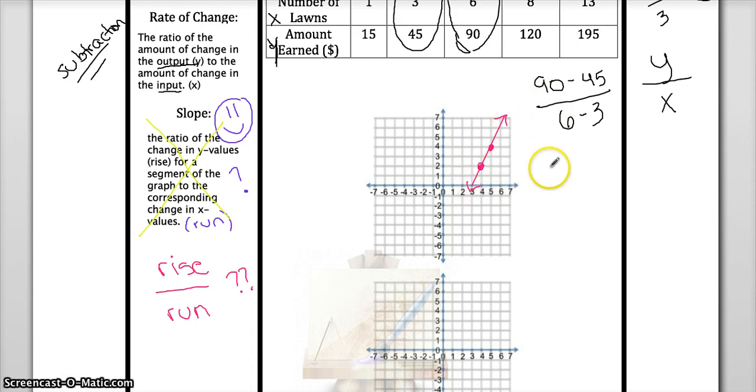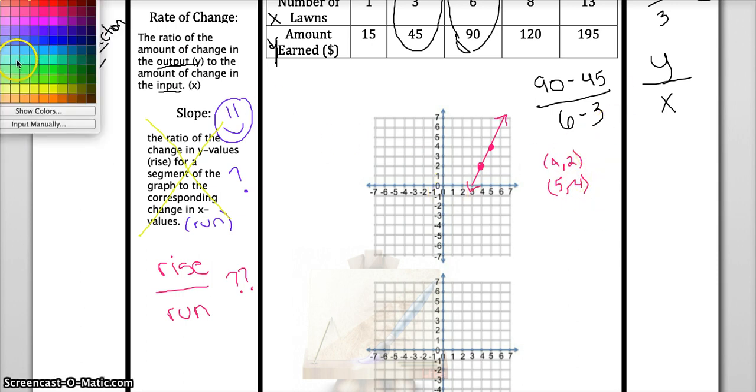And remember that I have a coordinate on 4, 2, and I have a coordinate on 5, 4. So 4, 2, and 5, 4 are where I have my coordinates, okay? So all I'm going to do, you might want to grab a different color for this as well.